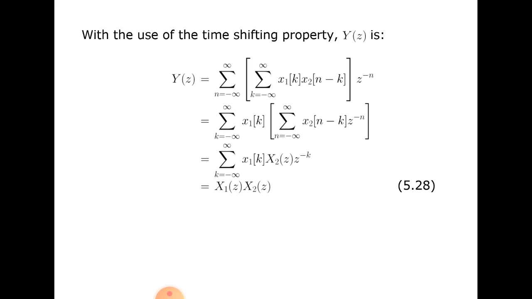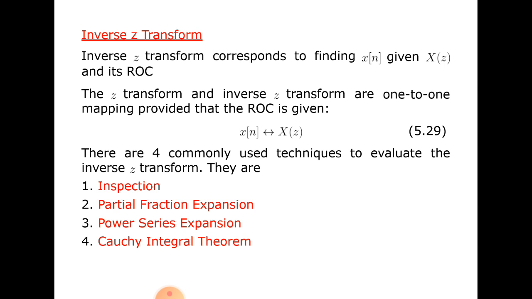With the use of the time shifting property, Y(z) is equal to the summation over n of the summation over k of x1[k] x2[n minus k] z^-n, which is equal to the summation over k of x1[k] into the summation over n of x2[n minus k] z^-n, which is equal to the summation over k of x1[k] X2(z) z^-k, which gives X1(z) X2(z).